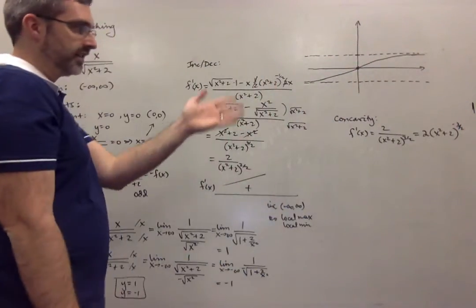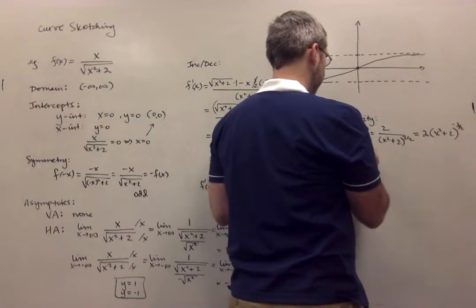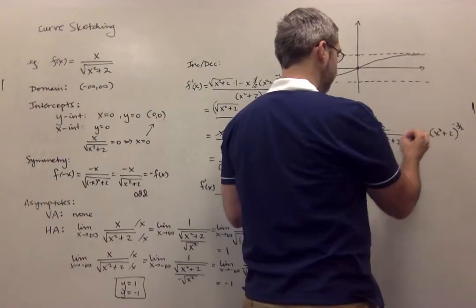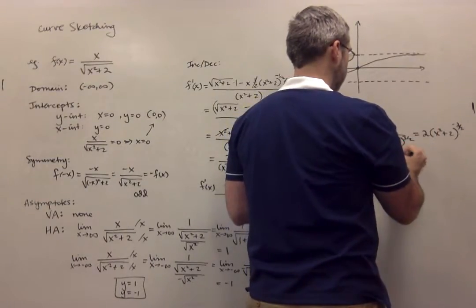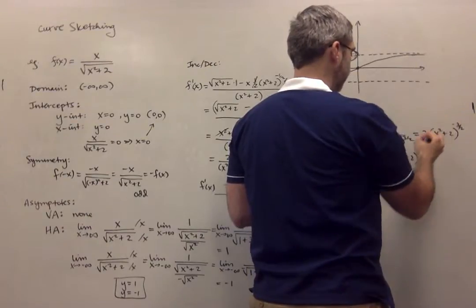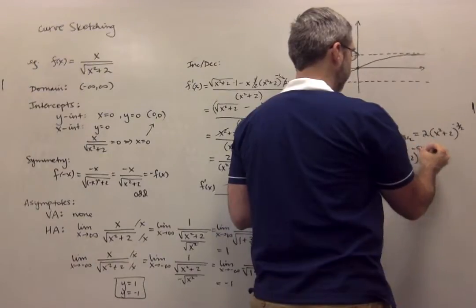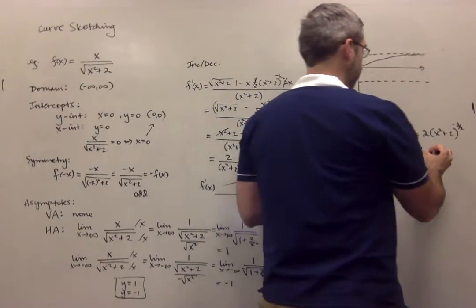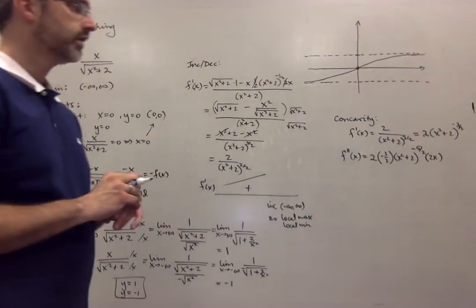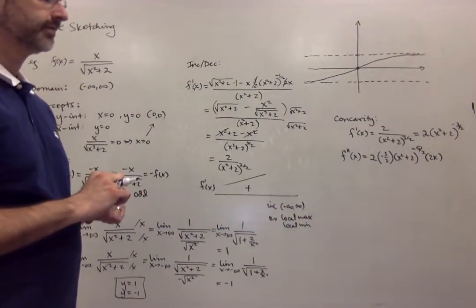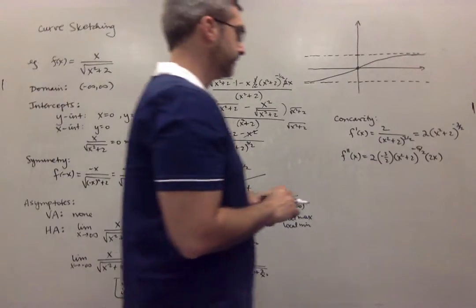Now I've just got a constant in that thing. So when I take the second derivative, I can leave the constant alone and then just bring down the power, then subtract another 1 from the power. So negative 3 halves minus 1 is going to give me negative 5 halves. And now the chain rule says I just have to multiply through by the derivative of the inside. So that's much better than trying to do the quotient rule here.